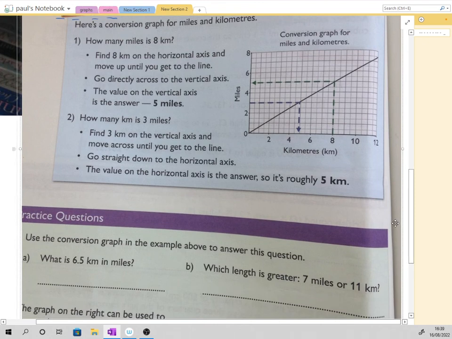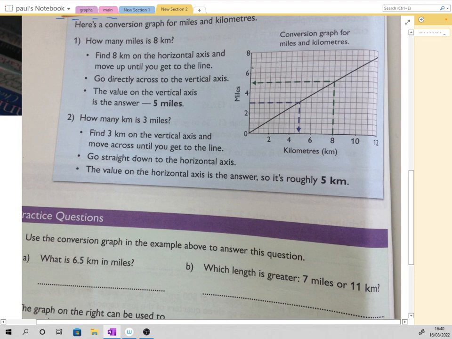So can we now answer these questions? Let's have a look. Now, what have we got? This is our conversion graph for miles and kilometers. Use the conversion graph in the example above to answer this question. What is 6.5 kilometers in miles? So these are awkward, aren't they?